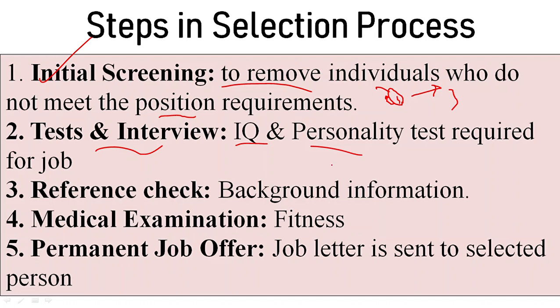So various tests you can conduct. Then you will do the reference check, the background information, medical examination if required, and then a job offer is sent to the selected person, the person whom you are hiring. So these are the steps followed in the selection process.